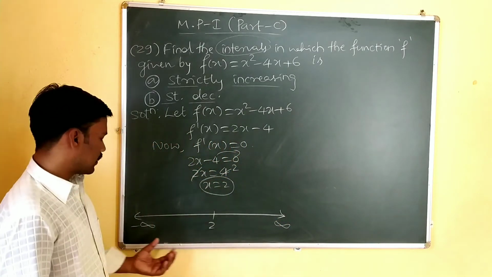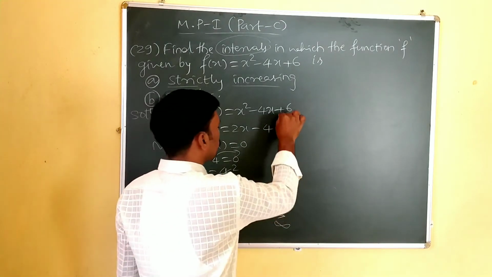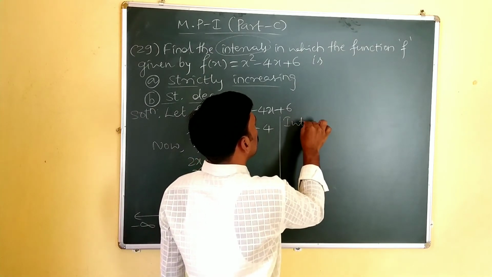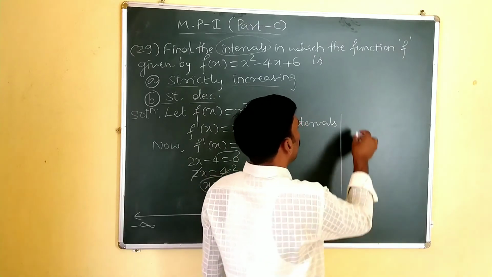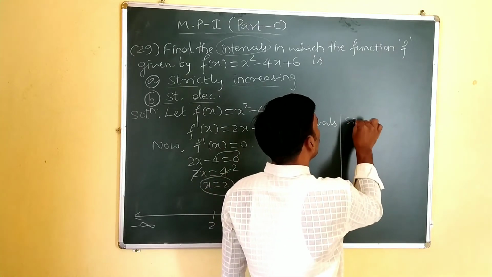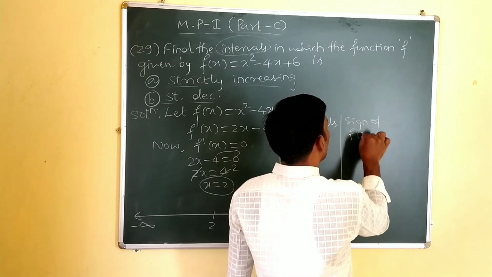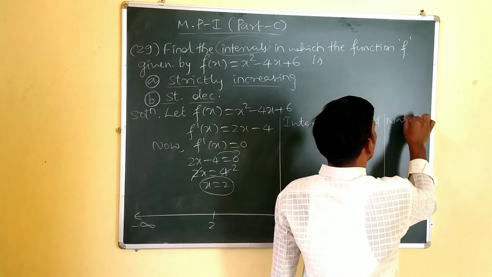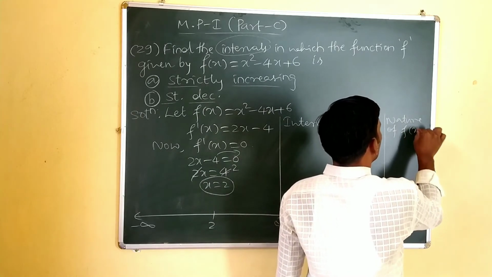The intervals are minus infinity to 2 and 2 to infinity. Intervals, sign of f dash of x and nature of f of x.